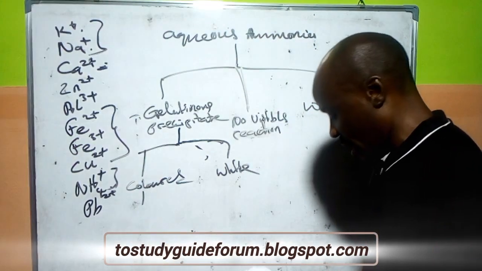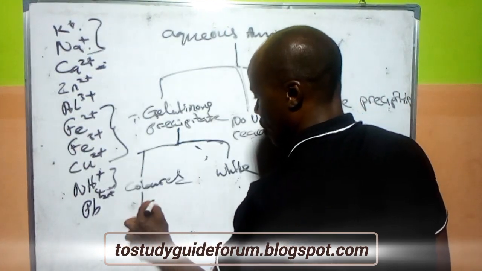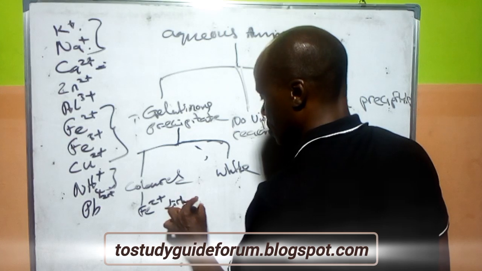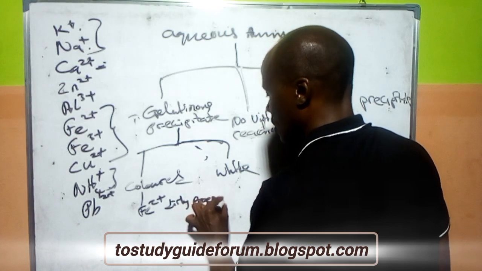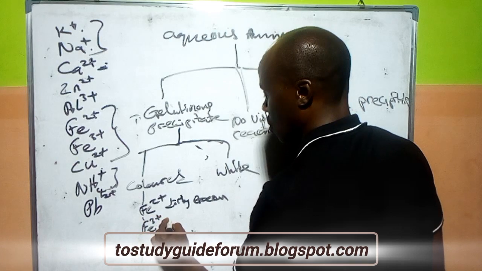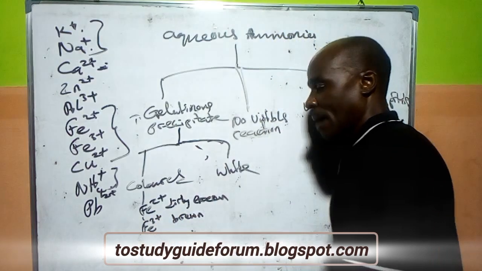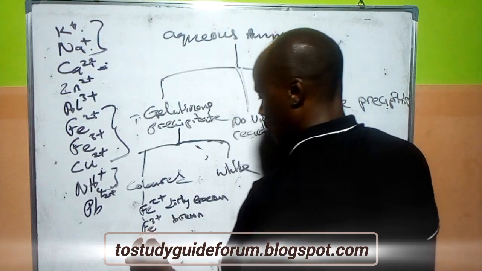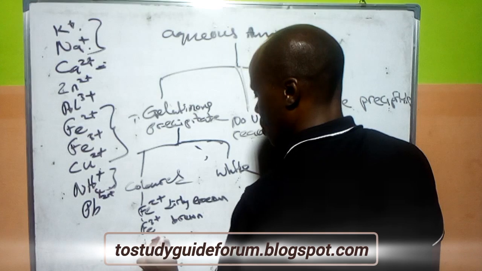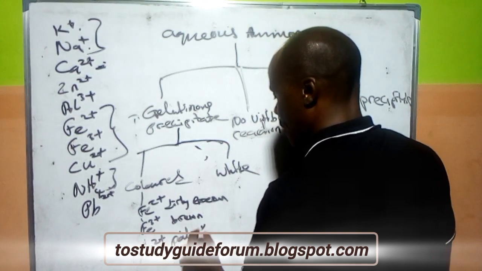The colored ones we have here with aqueous ammonia: we have iron 2. Iron 2 is still dirty green precipitate. We have another one, iron 3, which is also brownish precipitate, and all of them are insoluble in excess. We also have copper, which will give you pale blue precipitate.